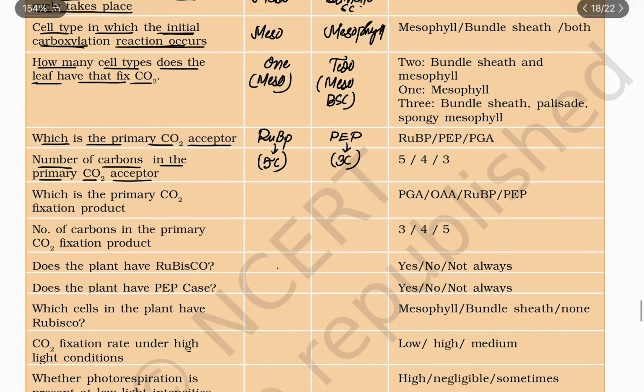Next, which is the primary carbon dioxide fixation product? In C3 plants, the primary carbon dioxide fixation product is 3-phosphoglyceric acid. And in C4 plants, it is oxaloacetic acid.